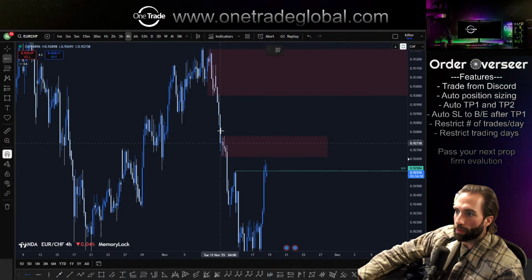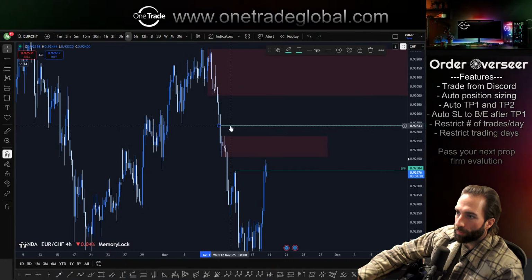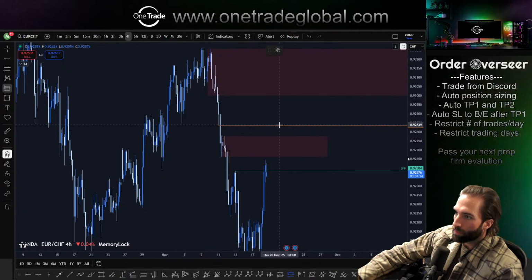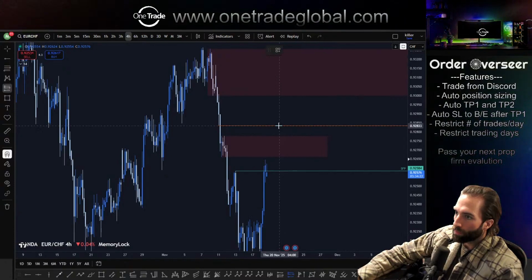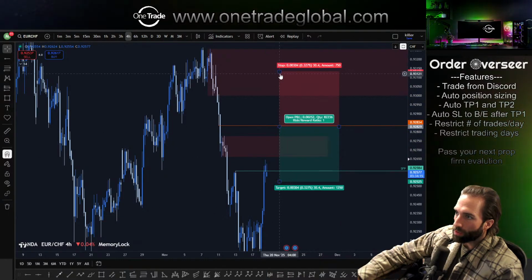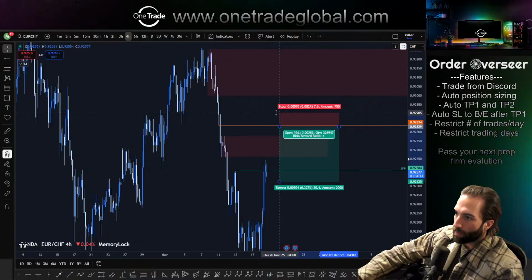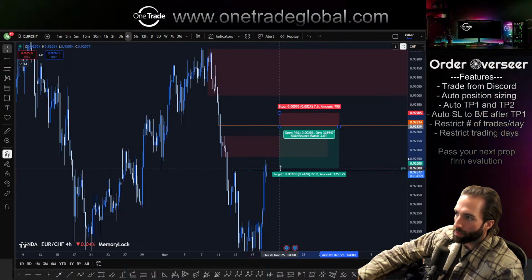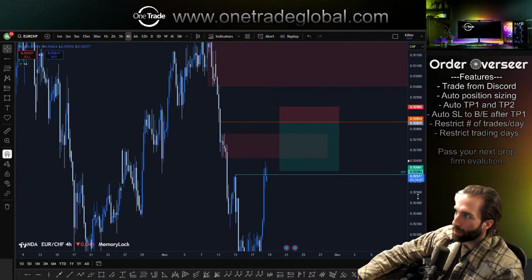I would short this level right here. I'd like to see how it was hit, but I would take a 3R setup off of this, at the very least back down into here.